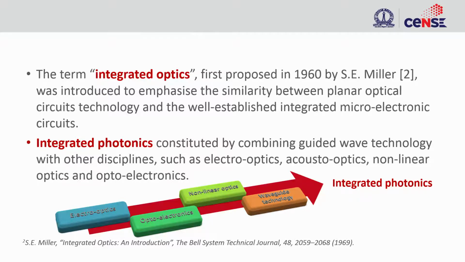Why don't we mimic such an integration for optical circuits? Optical circuit meaning people were putting all these optical components on large optical tables. And the proposal was, this also looks like a circuit, so why don't we integrate all of this and make it on a planar technology or planar substrate similar to microelectronics.